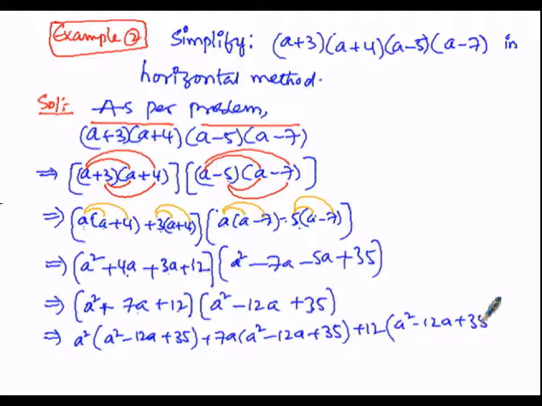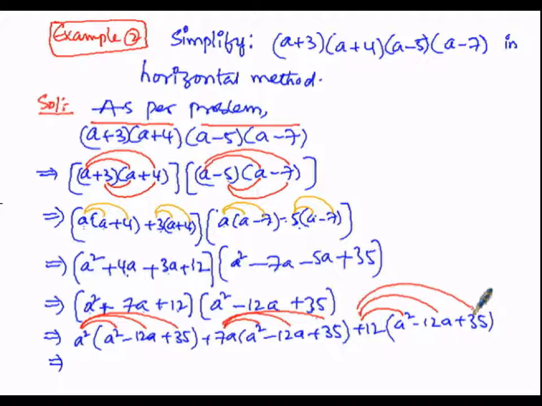So here we did a square into the entire bracket, plus 7a into the entire bracket, plus 12 into the entire bracket, that is the left distributive law. Here also I am going to multiply a square into a square first of all, then a square with 12a, then a square with 35, then 7a into a square and into the second term and into the third term. So here 12 into a square, then 12 into 12a, then 12 into 35.